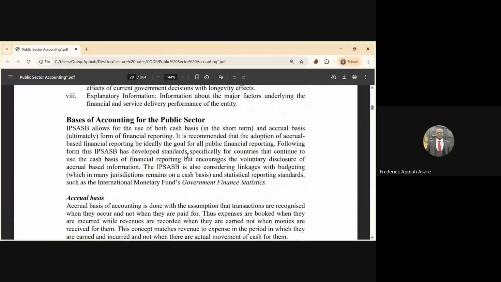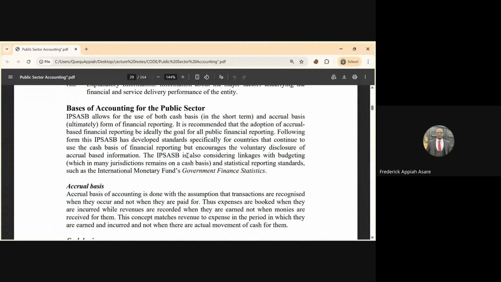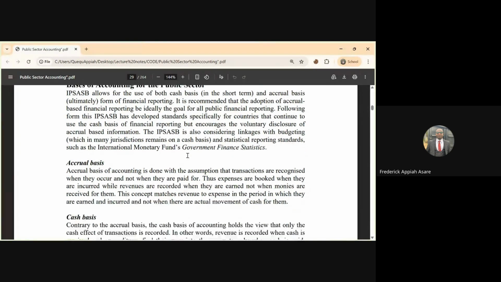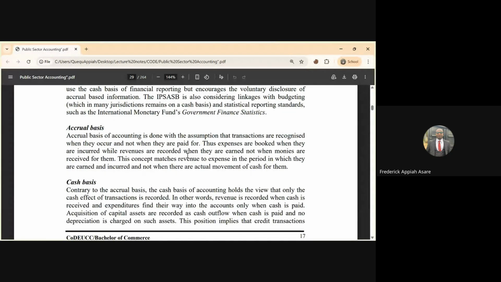Now let's look at some of the bases for the public sector. When we're trying to explain the differences between public sector accounting and private sector accounting, we stated that the public sector is expected to use cash. But IPSAS gives them the option to go for either cash or accrual basis.